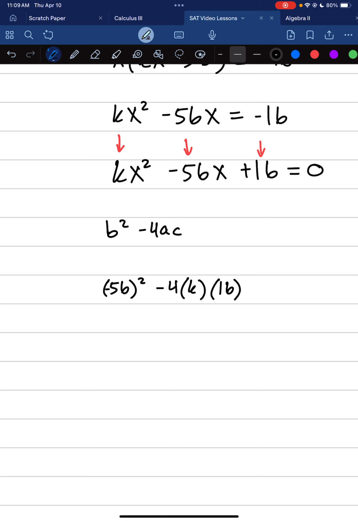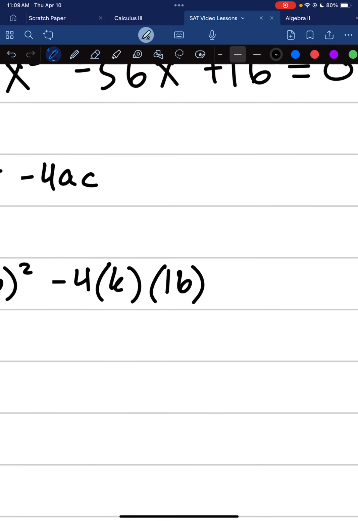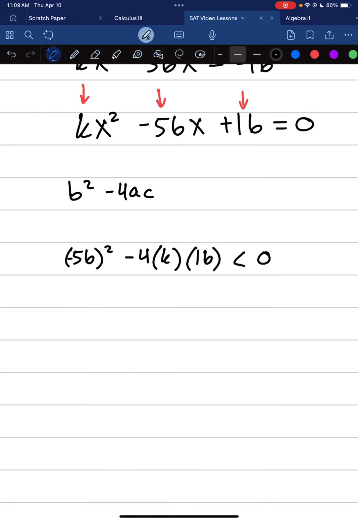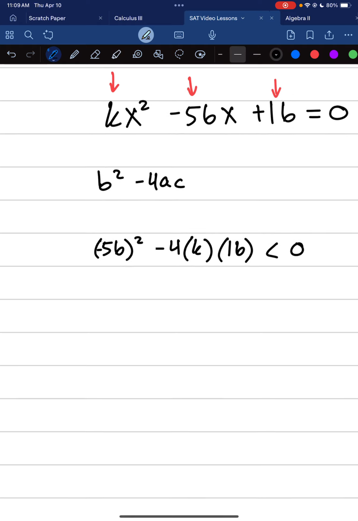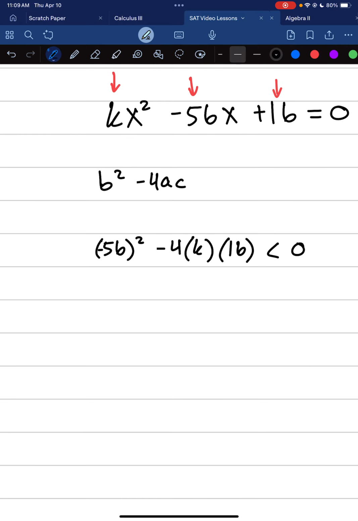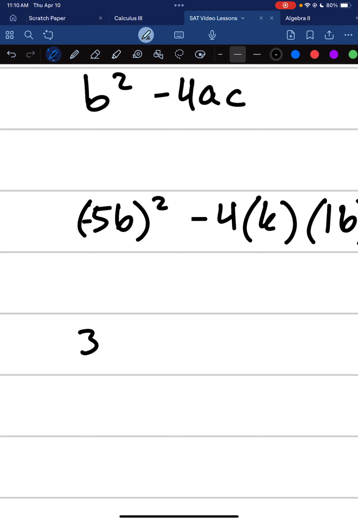And we know that our discriminant has to be negative. It has to be less than 0. So I'm going to set this to be less than 0. And now all I need to do is solve this inequality to find k. So 56 squared is going to be 3,136.